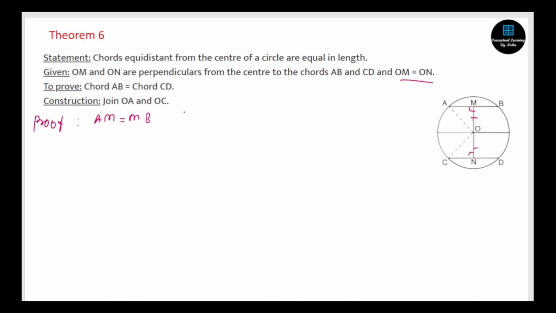Now I can just write this, because OM is perpendicular to AB, so M is the midpoint. Then also CN is equal to ND, again for the same reason: ON is perpendicular to CD and N is the midpoint.